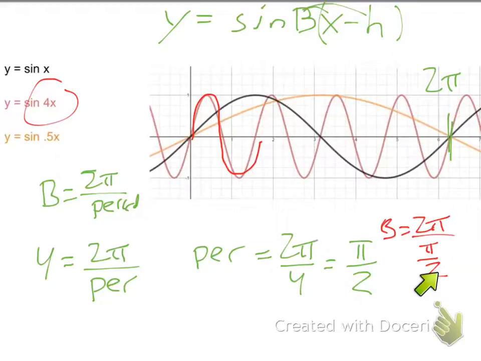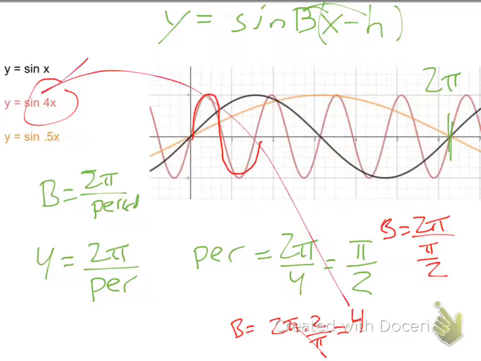And when you do that, you flip and multiply. So B equals 2 pi times 2 over pi. Pi's cancel. And you get 4. So 4 is why you get it there.